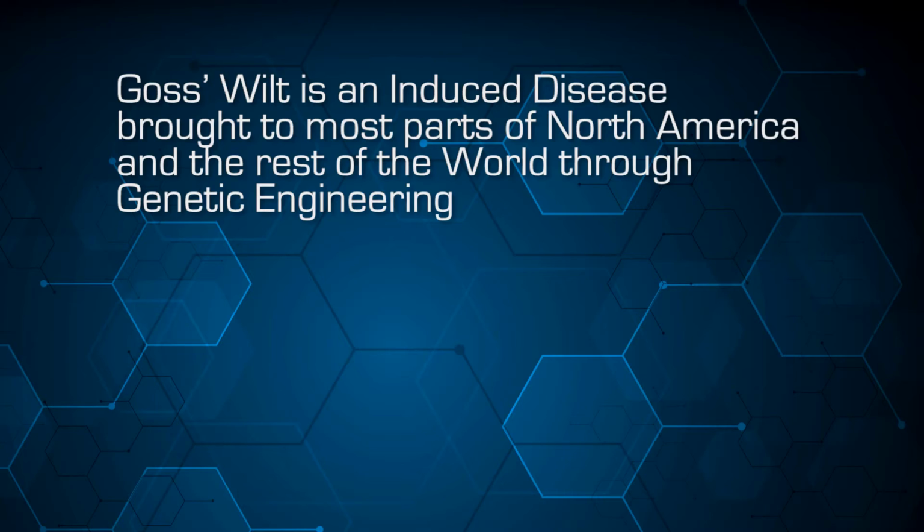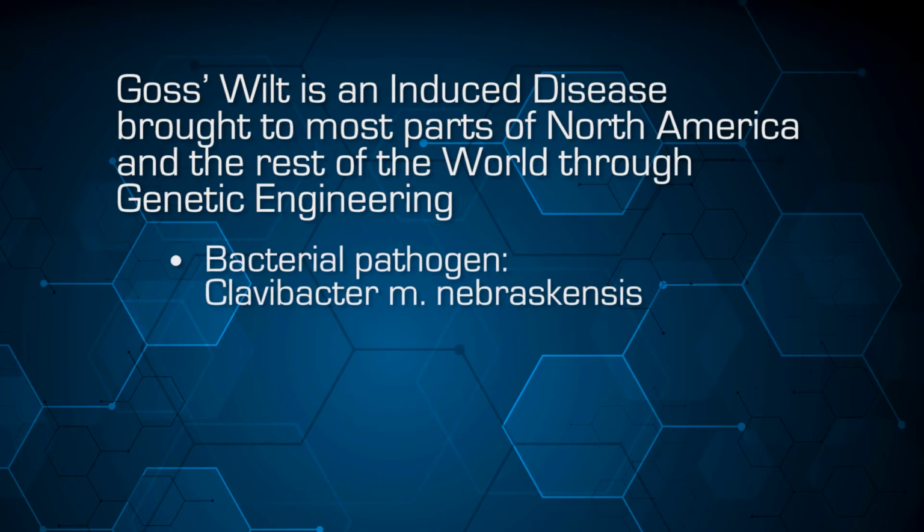Now, I mention that because there are 3 things that you have to have for a severe disease. You have to have a pathogen. In this case, the bacterial pathogen is Clavibacter michiganensis nebraskaensis.